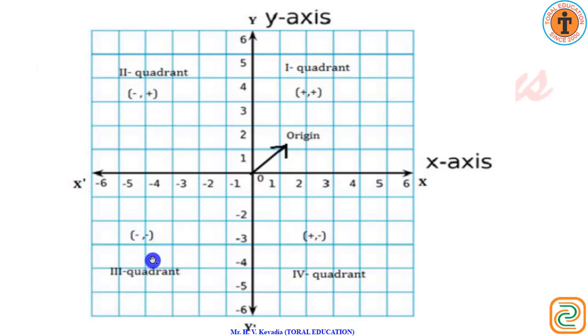In the third quadrant, the x-axis is negative and the y-axis is negative. So both are negative, minus minus. In the fourth quadrant, the x-axis is positive and the y-axis is negative. Therefore plus minus. Understood? First quadrant, second quadrant, third quadrant, fourth quadrant. This one is the origin, this is the y-axis, this one is the x-axis, and the intersecting point is known as the origin.